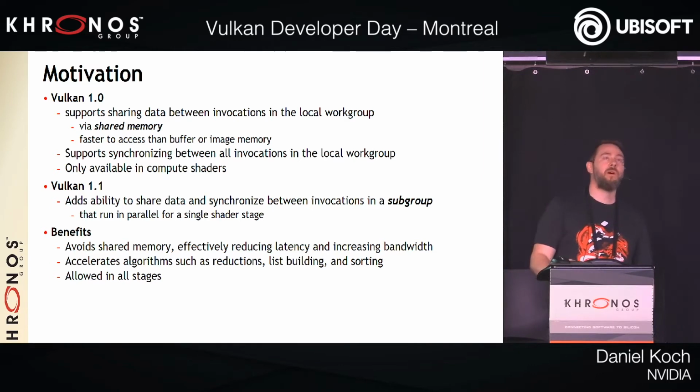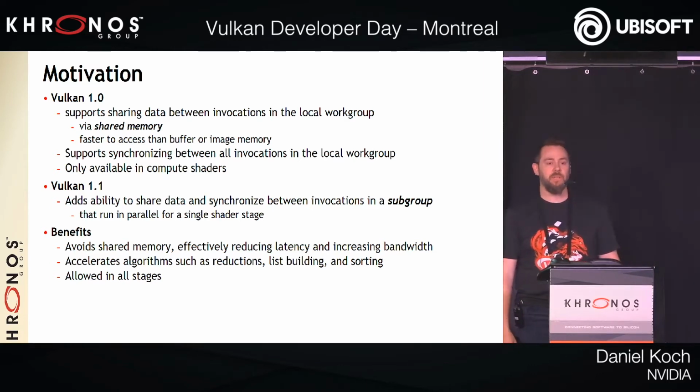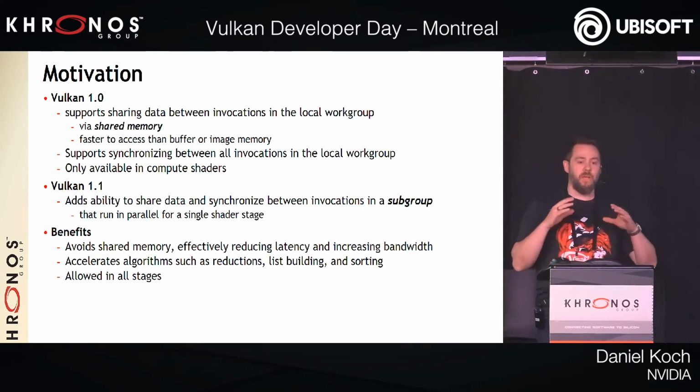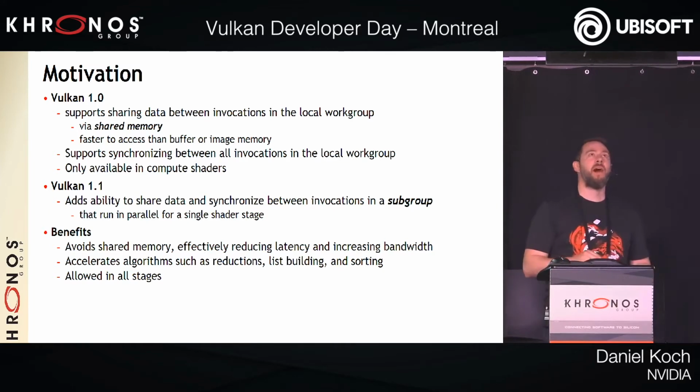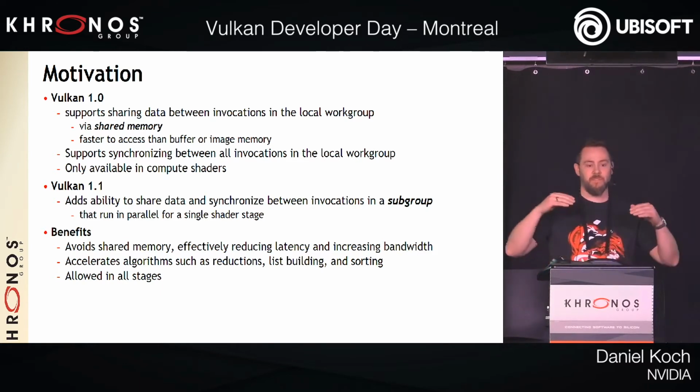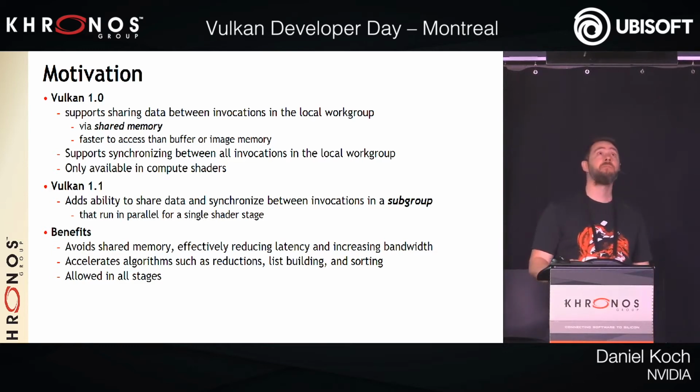With Vulkan 1.1, we've added the ability to synchronize using a new concept called a subgroup. You can share data directly between those invocations or threads, and synchronize between them without having to synchronize all the threads in the workgroup. These are basically the ones that are running in parallel, typically a warp or a wave, or whatever your favorite terminology is.